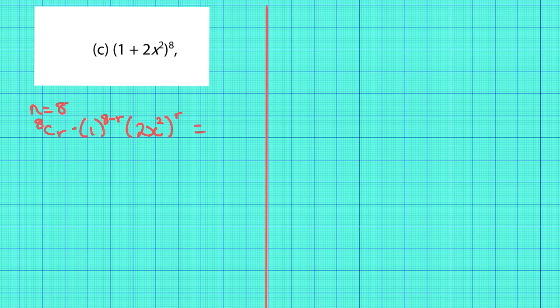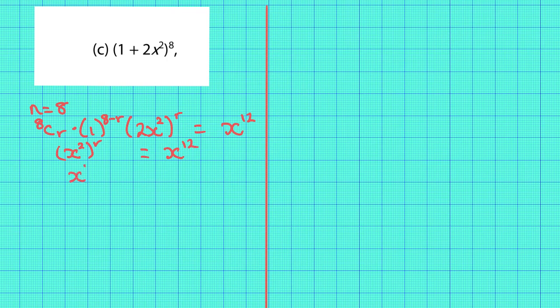This has got to equal x to the power of 12. Therefore, finding r, we've got x squared to the power of r must equal x to the power of 12.